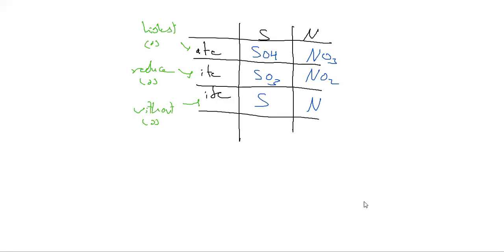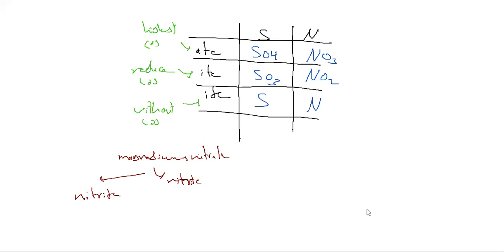For example, if you want to write the formula of magnesium nitrate, magnesium nitrite, magnesium nitride.